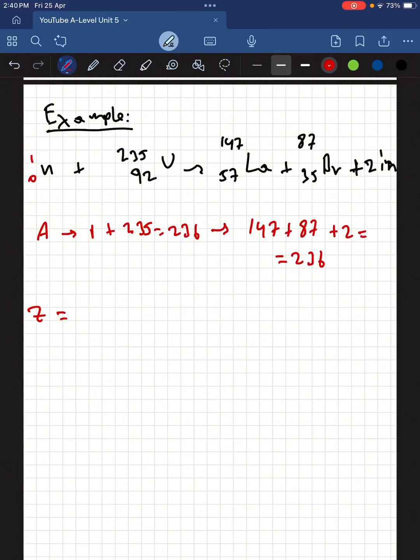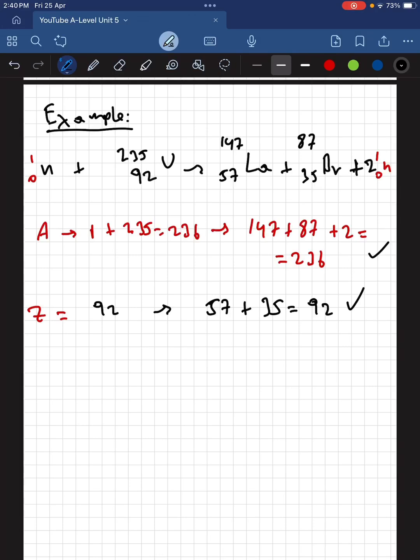The neutron has 0 atomic number because it has no charge, remember? So I have to write n with 1 and 0 there. Z before is 92 and Z after is 57 plus 35, which is also 92. So this reaction is possible.